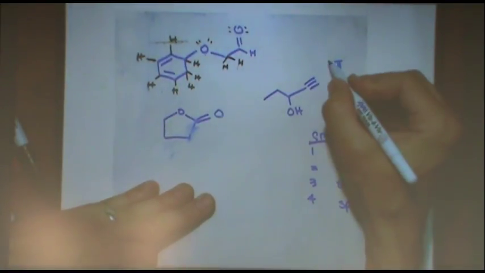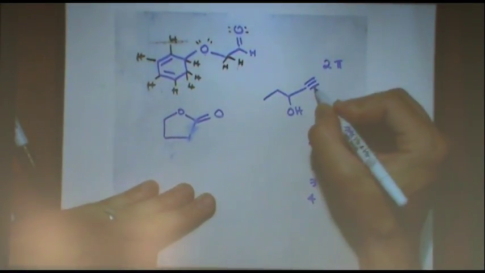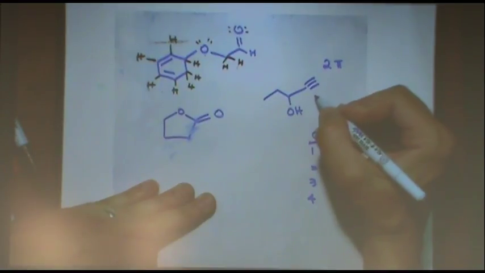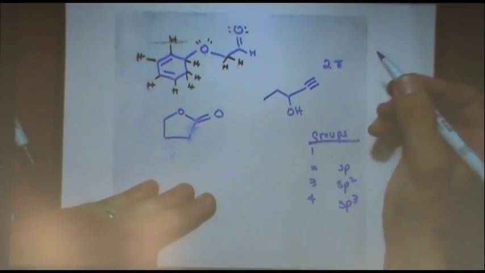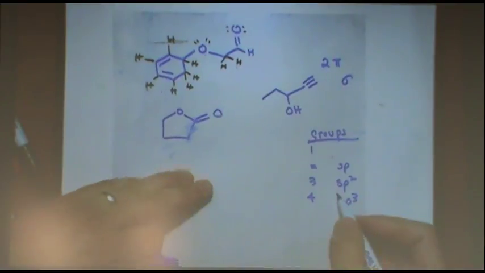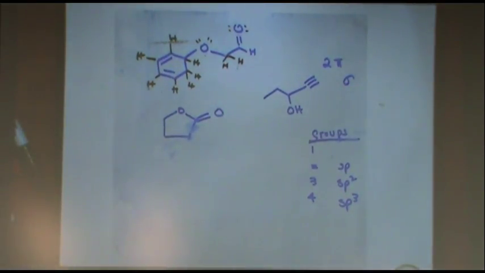Pi bonds? 2, from the triple bond. It'll have 2. One's a sigma and 2 are pi. Okay, anybody get the sigmas for me? It's only 6... 1, 2, 3, 4, 5, 6, 7, 8, 9, 10, 11, 12, 13. Like 13 or something.